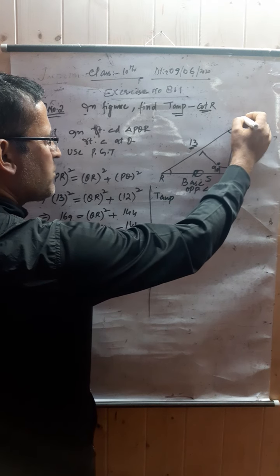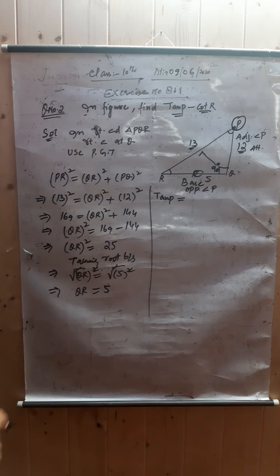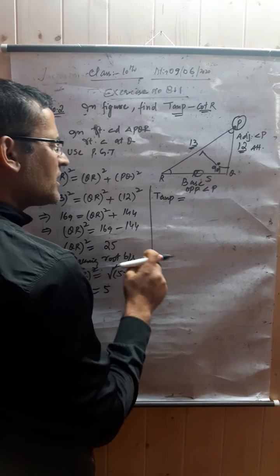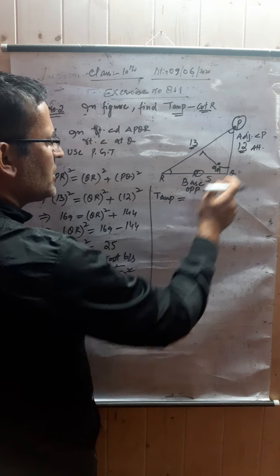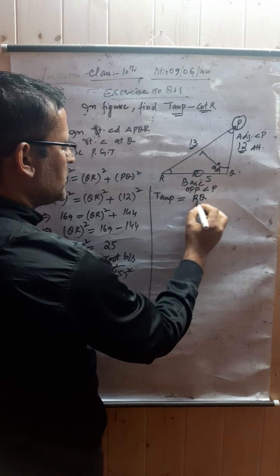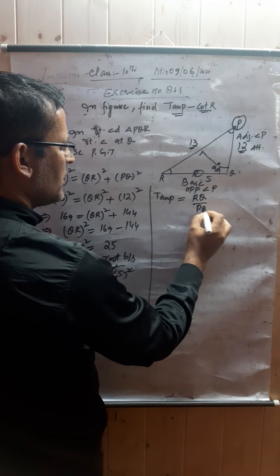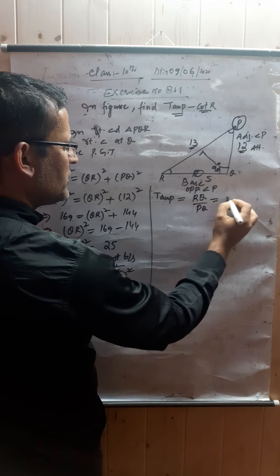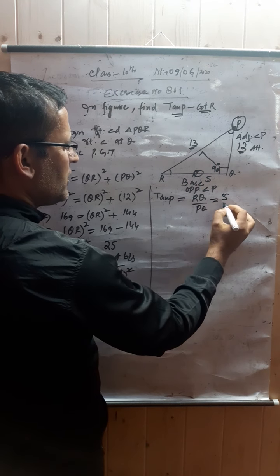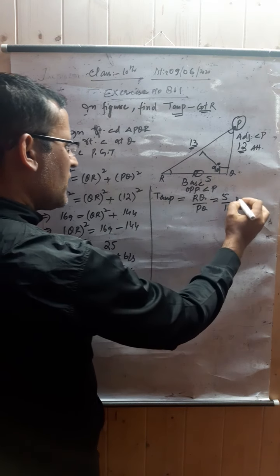But here our focus is on angle P. So tan is the side opposite to the angle upon the side adjacent. Opposite is RQ, and adjacent is PQ. RQ is 5 centimeters, while PQ is 12 centimeters. So mark this as first.